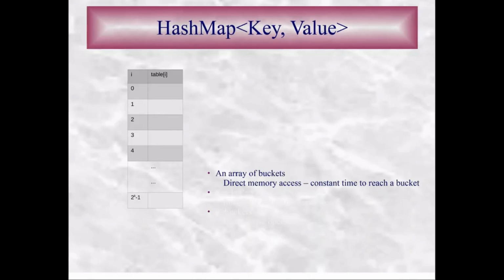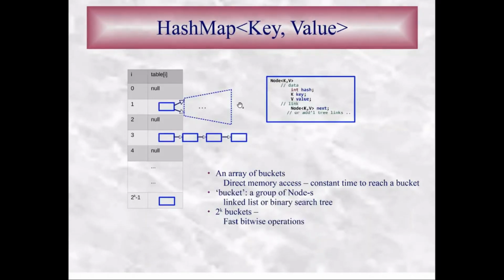This is what a hash is. Each of these cells is called a bucket. So a hash is a table of buckets. The entries in the HashMap, the key values, or in other words, these nodes, each go into one of these buckets.